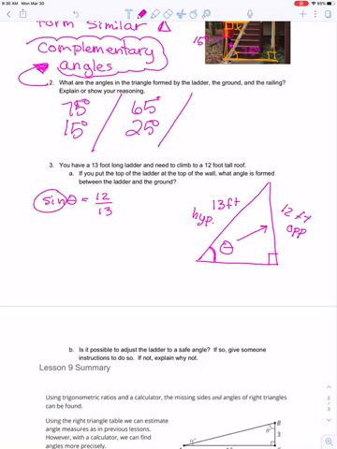The opposite of sine is arc sine of 12 over 13. Okay, so once we type that in the calculator, you're going to find out that your angle is 67 degrees. So we know this is 67 degrees.